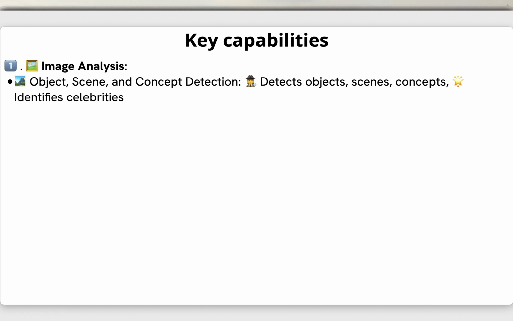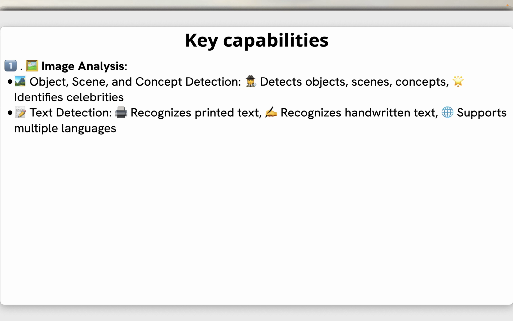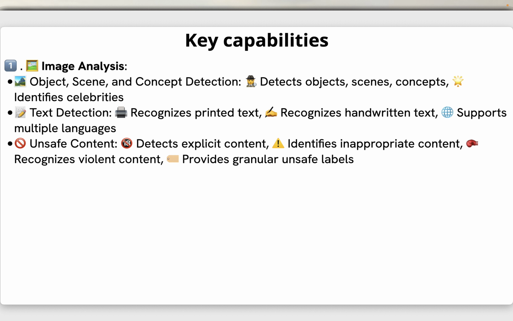So first we have object scene and concept detection. This detects and classifies objects, scenes, concepts and celebrities in images. Next we have text detection. This detects and recognizes printed and handwritten text in images in a variety of languages. Unsafe content, detect and filter explicit, inappropriate and violent content in images. It also detects granular unsafe content labels.